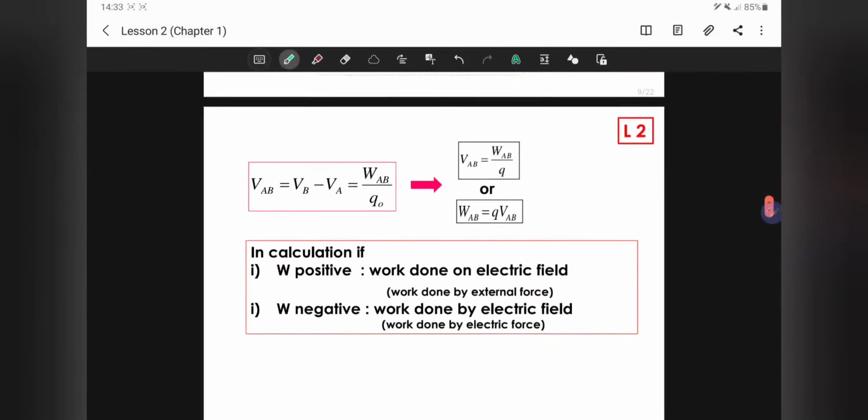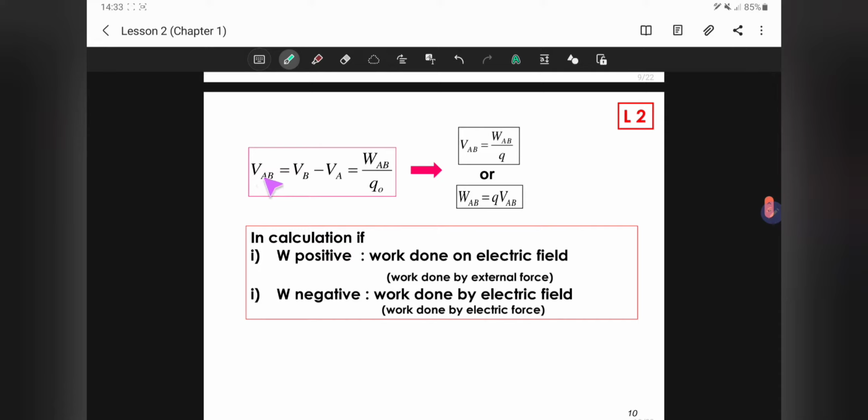Alright, so the main equation is again VAB equals V final minus V initial, which is VB minus VA, equals the work done from A to B, from initial to final, over Q naught. Or we may simplify the equation to VAB equals work AB over q, where small q represents our test charge.